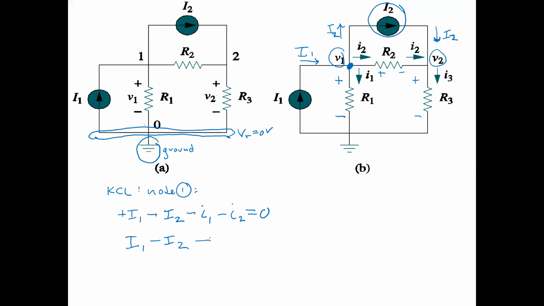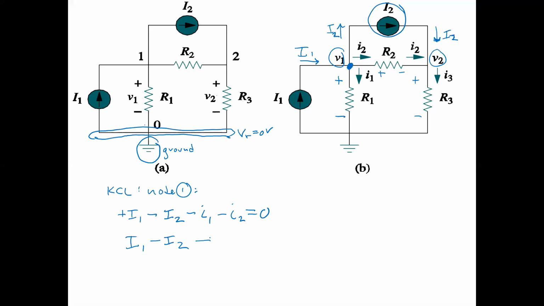I1, R1, yeah, but suppose we're not going to use the little I1s and little I2s anymore. So we have to do everything in terms of the node voltages. That's what nodal analysis means. You're going to express everything in terms of V1 and V2. So given V1 and V2, what would be the node voltage across the R1 resistor? Well, that's not a voltage, that's a current. What's the node voltage across the R1 resistor? V1, just V1, right?